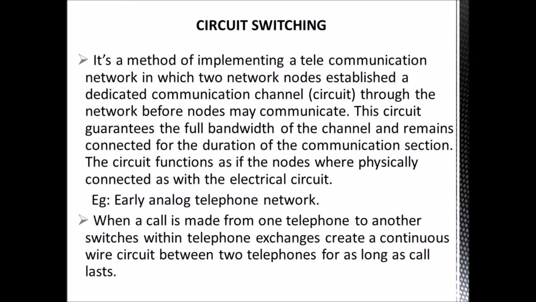The circuit functions as if the nodes were physically connected as with an electrical circuit. Example, early analog telephone network. When a call is made from one telephone to another, switches within telephone exchanges create a continuous wire circuit between two telephones for as long as the call lasts.